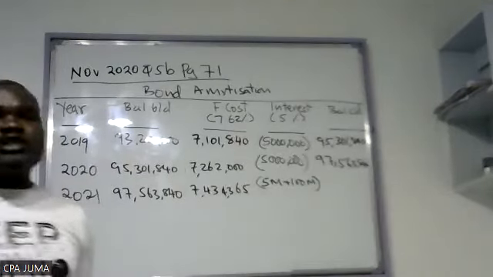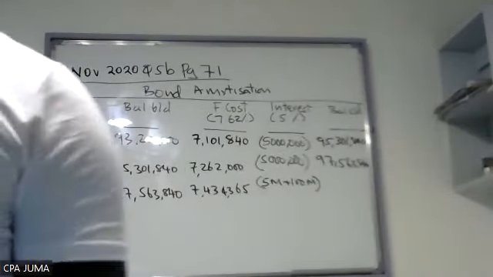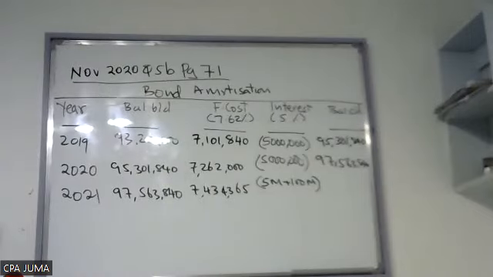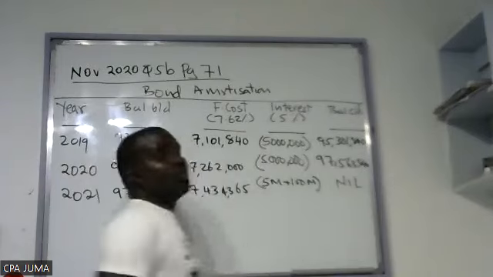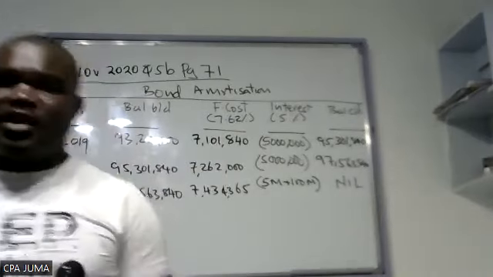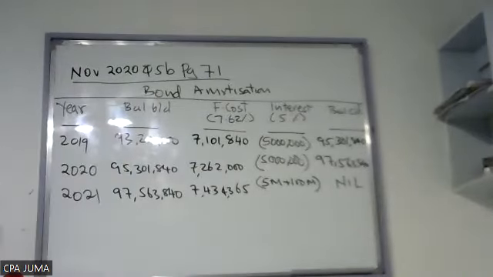Negative what? But which is nil. The amount has fully been paid. But just tell me how much they are claimed. You cannot have a balance there.